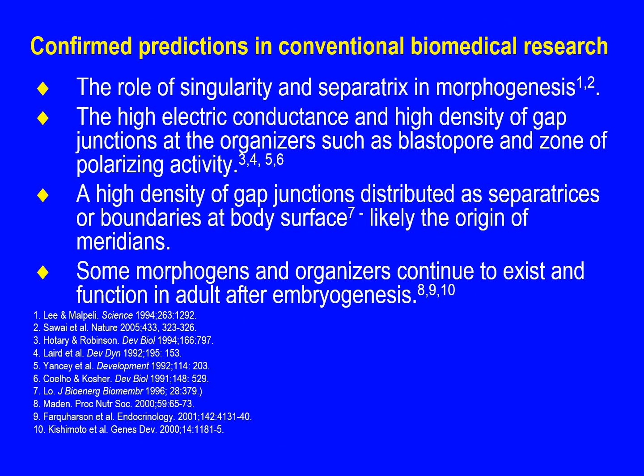So many predictions and corollaries of the organizer model have been confirmed in conventional biomedical research. For example, the role of singularity and separatrix in morphogenesis has been confirmed by research publications in high-profile journals in Nature and Science. The high electric inductance and high density of gap junctions as organizers such as blastopore and zone of polarizing activity has been confirmed by multiple research groups.